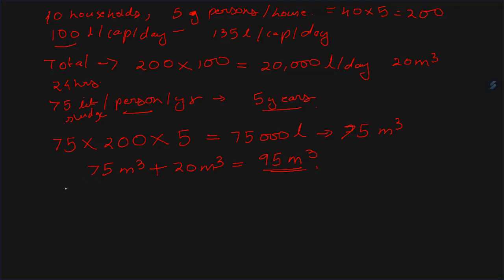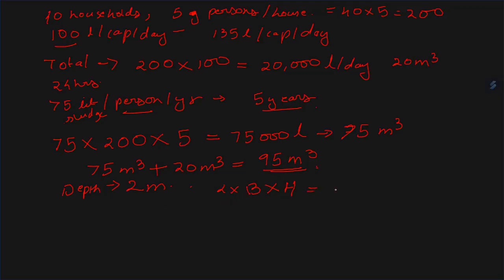Now the depth, what I am assuming here is say 2 meters. So this is the volume. You can understand that the volume is nothing but length into breadth into depth, and here I am considering the depth as d. So if I divide volume by depth, I will get the surface area.